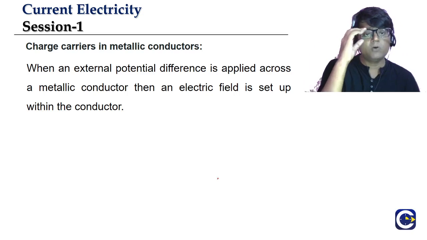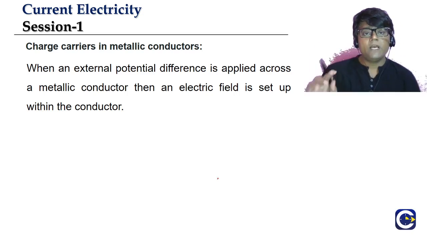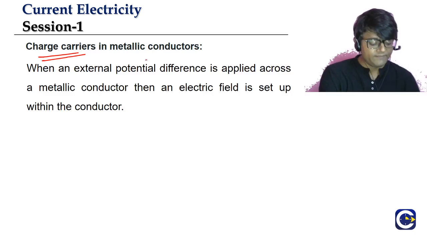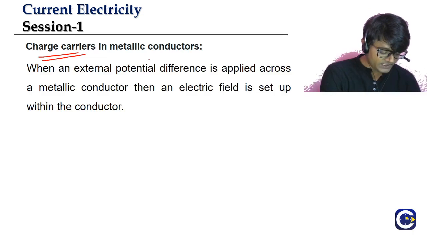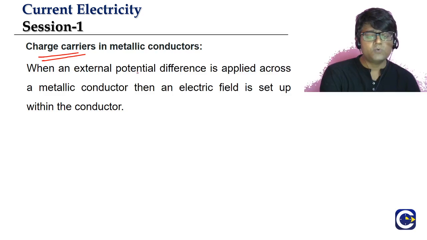So if you talk about the idea of the charge carriers, what is the definition of current, guys? Current is the rate of flow of charge. In electrical conductivity, we basically talk about two types of conductors.